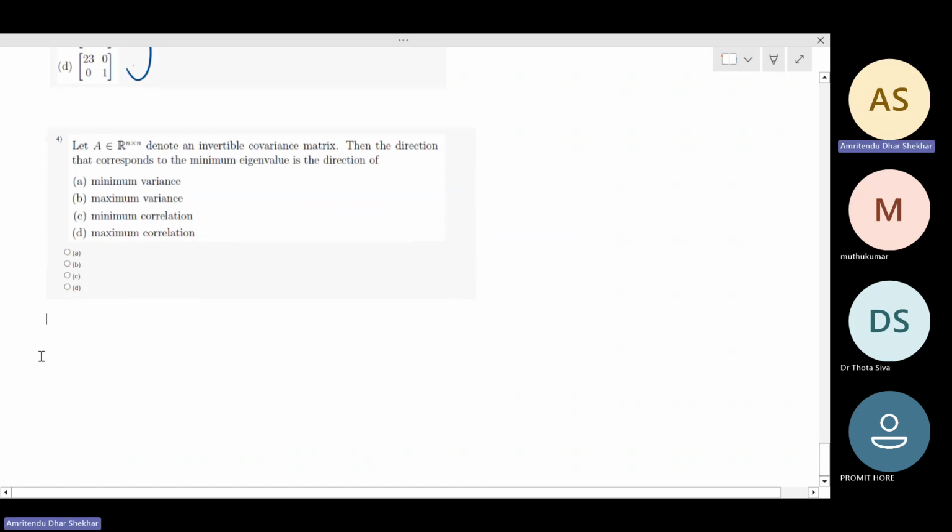Right. So let A in R^(n×n) denote an invertible covariance matrix.